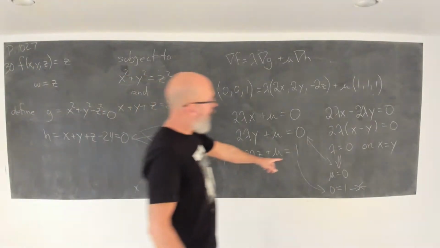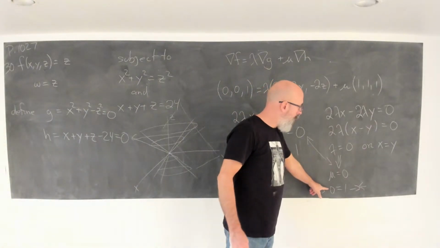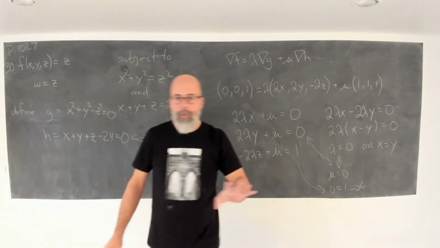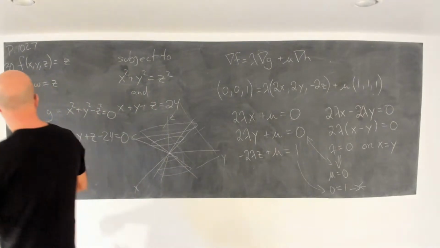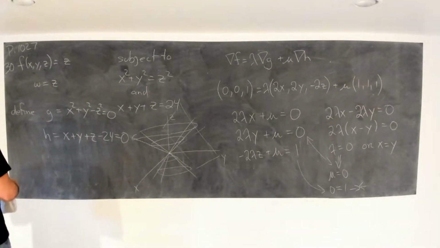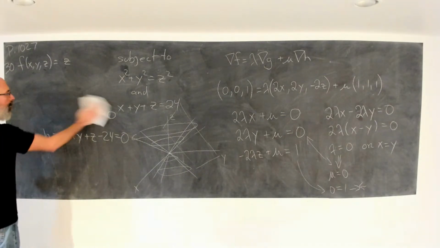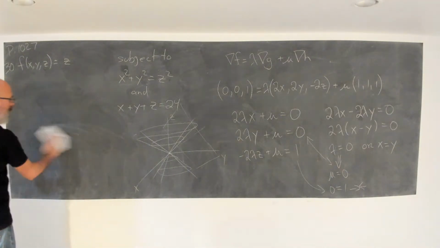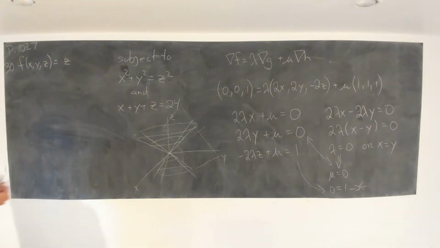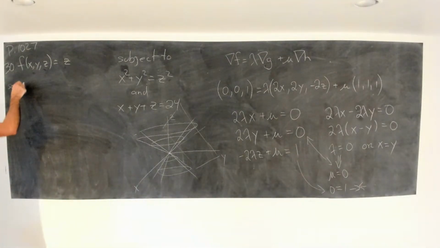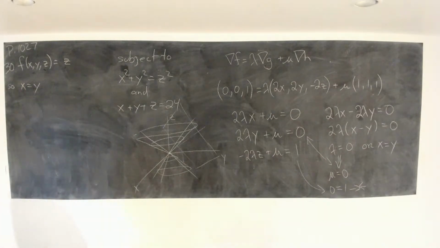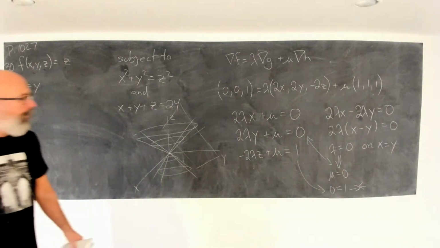Right, so you see that if lambda is 0, you quickly get a contradiction. So lambda cannot be 0, so we need x equal to y. I don't really want to erase these. So x is equal to y.